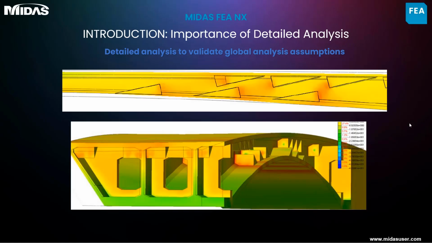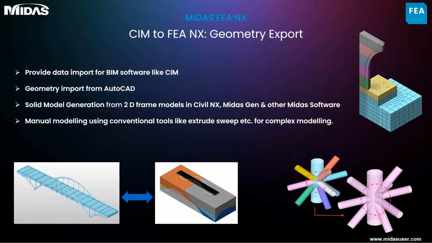Based on the FENX results, the bridge was retrofitted. So these examples highlight the importance of localized analysis to accurately simulate the structural behavior in real life scenarios. Now let's move on to our case.